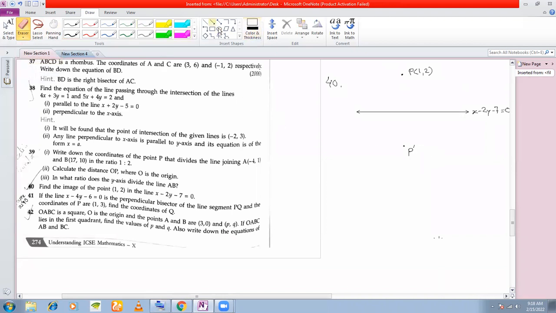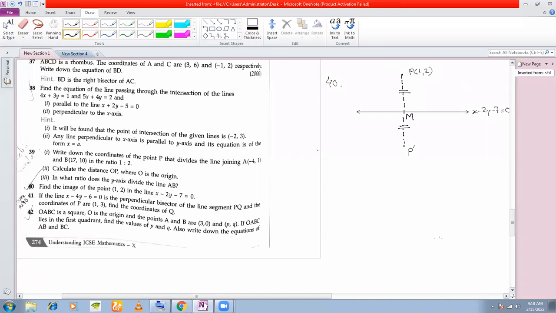See, first of all, if you join P and P dashed, if P dashed is the image of P, then what can you say about this point M? This point M clearly, since object distance must be equal to image distance, this distance must be equal to this distance.